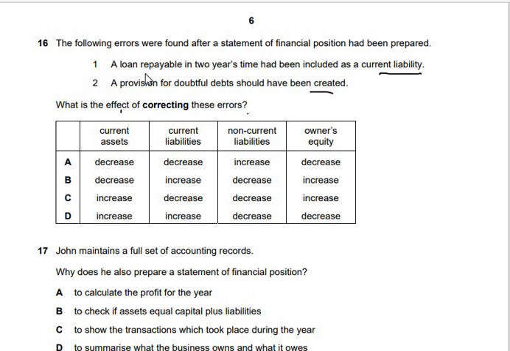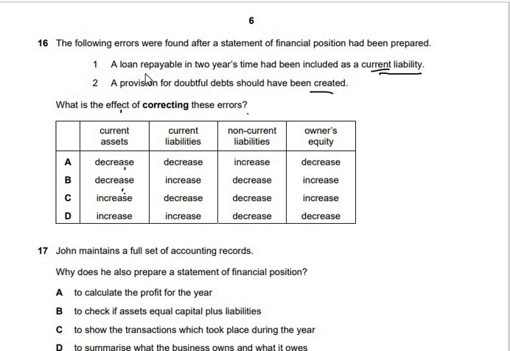Well, that means this is a long-term liability and it has been treated as a current liability. All right, so and the provision for doubtful debt should have been created, meaning we should have actually considered that the trade receivable was supposed to be less, because remember, provision for doubtful debts amount is deducted from the trade receivable, and remember, trade receivable is actually current asset, so we have to decrease the current asset definitely.